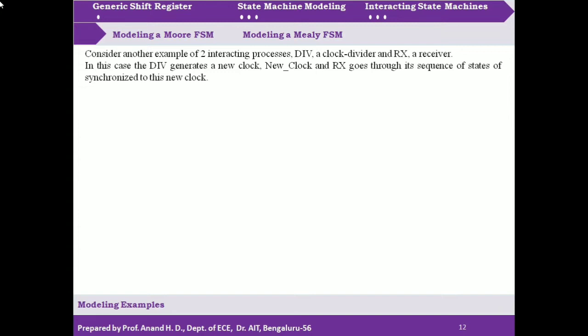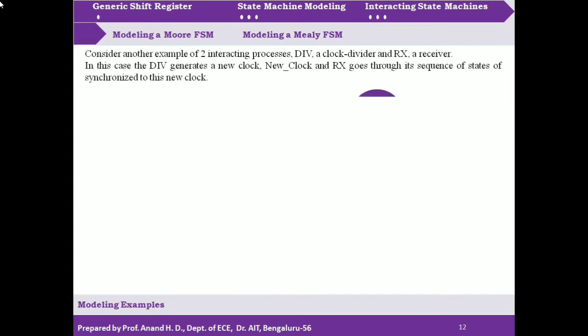Here we are going to decrease the frequency of the input clock signal, and that is done by the process DIV, and the RX process, the receiver process, is going to make state transitions with respect to the new clock signal generated by the divider process.